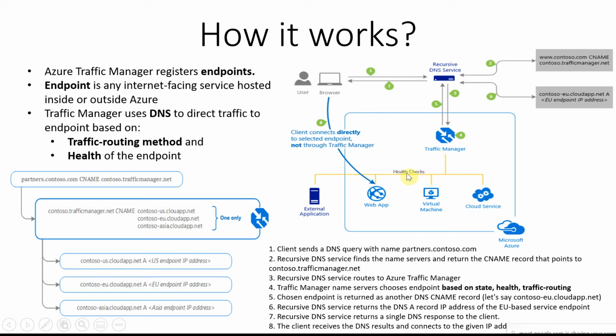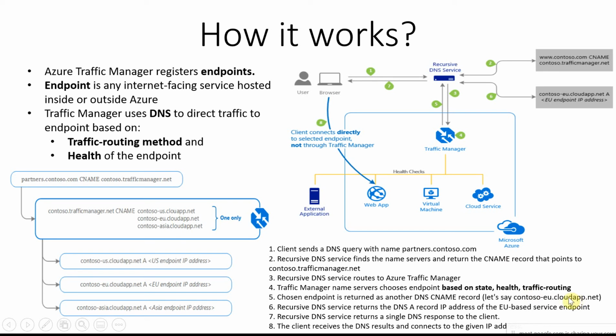So it will look at health checks and make a call. Now your traffic manager has identified, based on state, health, or traffic routing parameters, what resource is to be called. Let's assume it is calling EU by applying the rule.